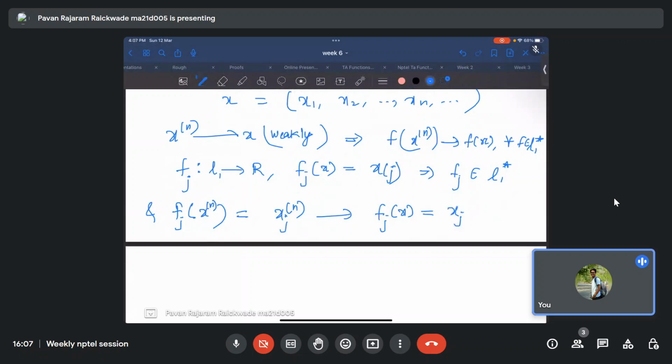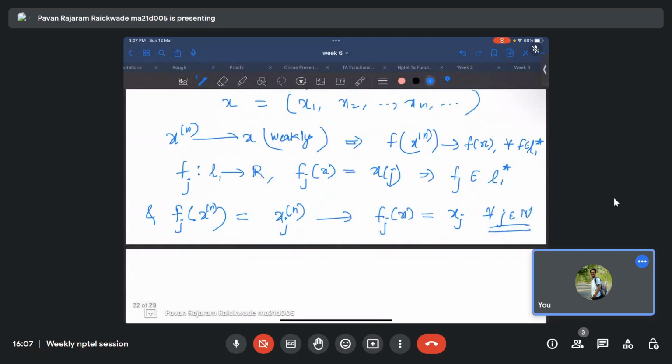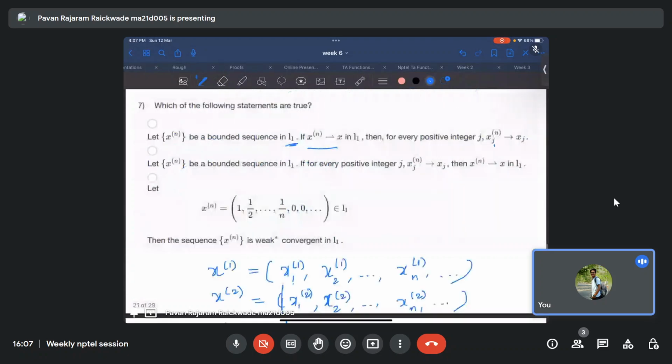So Xnj goes to Xj, and this is happening for all j belonging to the natural numbers. That means the first option is true. I have just used the definition of weak topology, because in weak topology every continuous linear functional is weakly continuous. That's all.